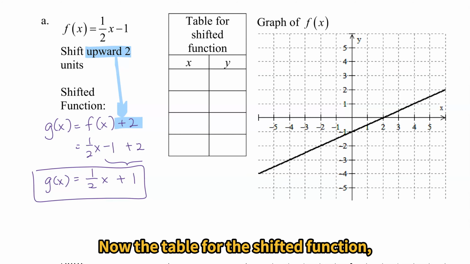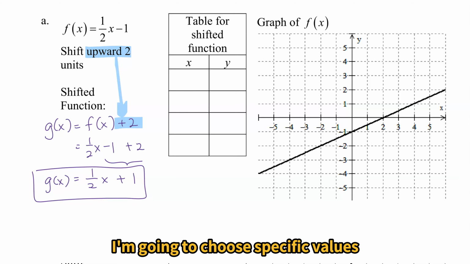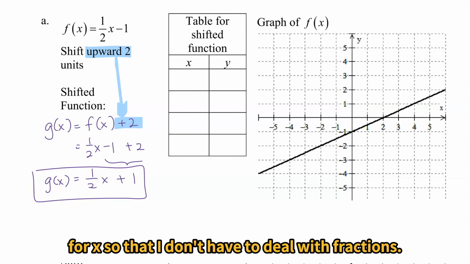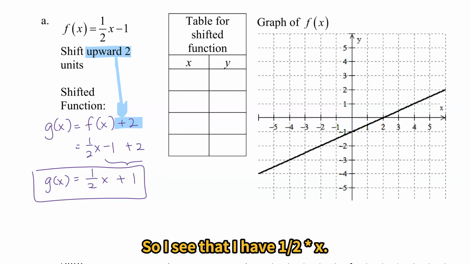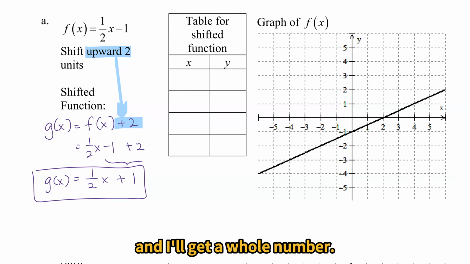Now the table for the shifted function, we have our new shifted function, 1/2 x plus 1. I'm going to choose specific values for x so that I don't have to deal with fractions. So I see that I have 1/2 times x. I want x to be even, because if x is even, then the 1/2 is going to cancel with that factor of 2, and I'll get a whole number.